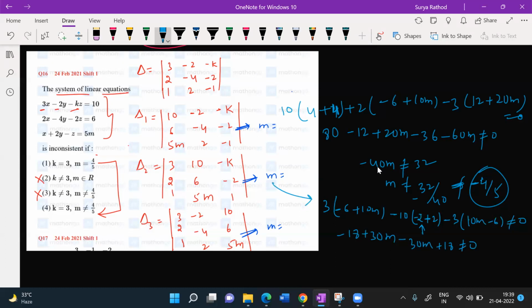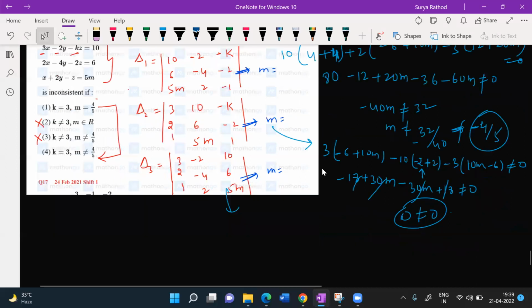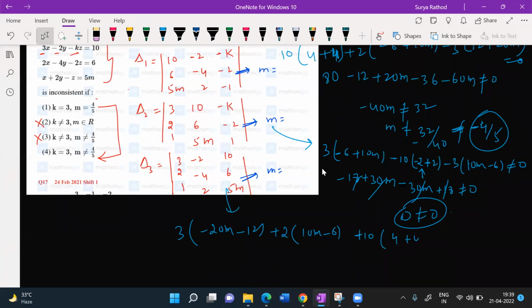So look at this here. 0 can't be not equal to 0. This is also not true. Now solving this, you have to solve each and everything like this. So 20m minus 12 plus 2, 10m minus 6 plus 10, 4 plus 4, is not equal to 0.